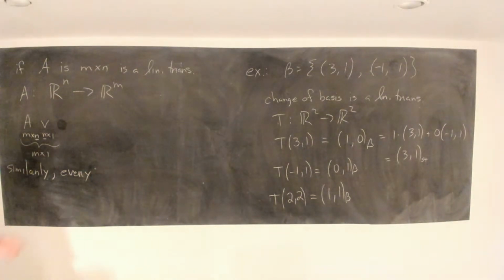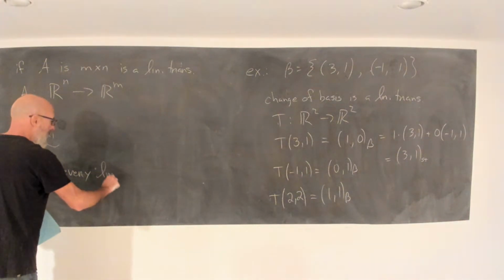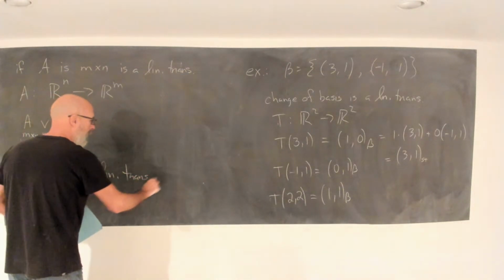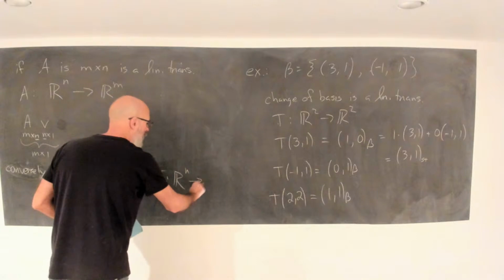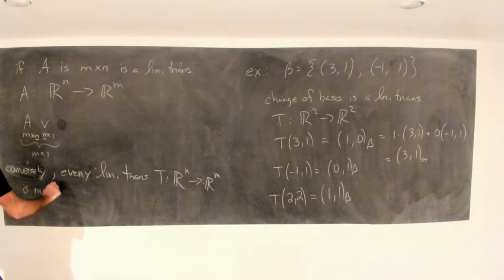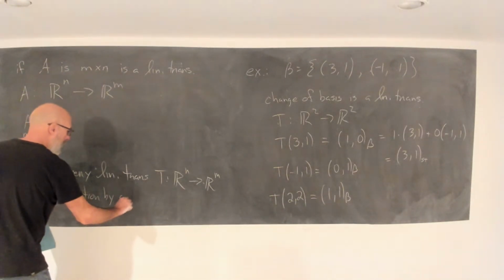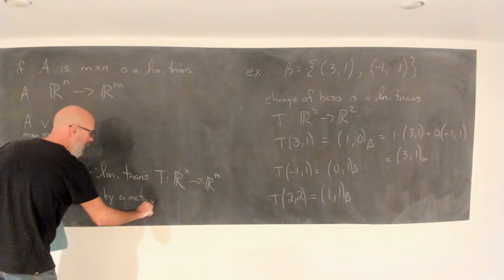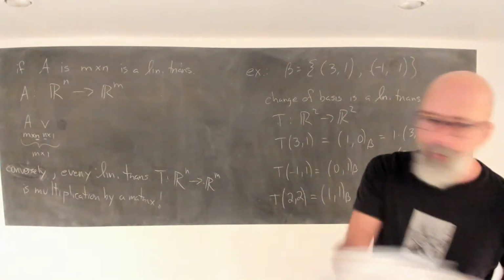I shouldn't say similarly, but conversely, every linear transformation from Rn to Rm is multiplication by a matrix. And let's illustrate with an example.